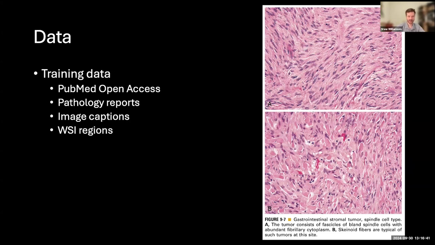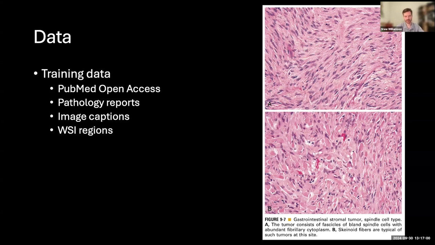And so here's a gastrointestinal stromal tumor, and the caption here tells you what that image is supposed to evoke in your mind. And it makes sense to me that this sort of data goes into training something like PathChat to understand what pathology is.